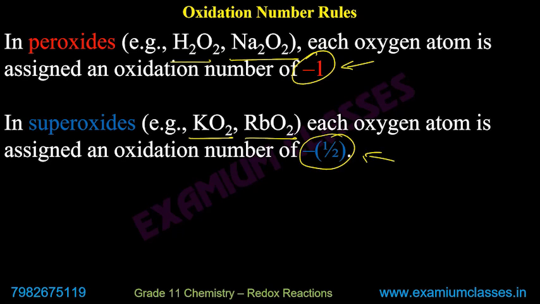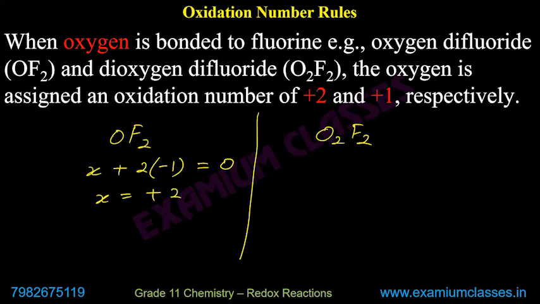Here also negative, here negative. Normal oxides -2. So till now, how many oxidation states have we seen? Standard form 0. Normal oxides -2. Peroxides -1. Superoxides -0.5. With fluorine, one we have seen is +2, the other one we will talk about. O2F2, again fluorine will have -1. So if oxygen has X, it will be 2X plus 2 times -1 equals 0. 2X equals 2, X equals +1.